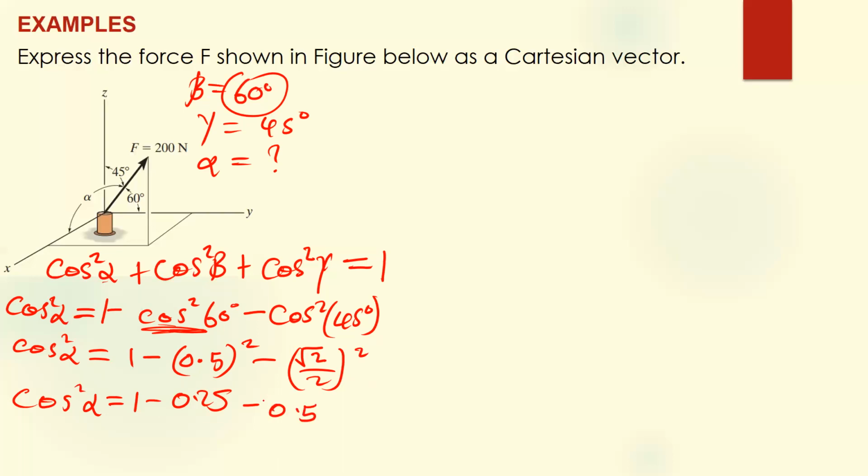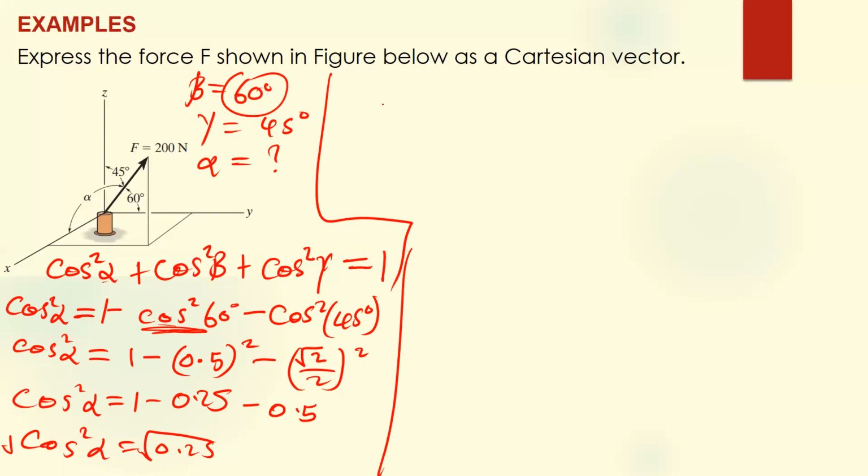When you do the subtraction, you get 0.25 as the solution. Then when you take the square root on both sides, we're going to have cos alpha being equal to plus or minus 0.5. Of course, we need to put plus or minus there.